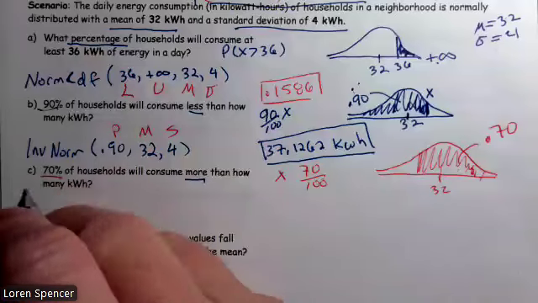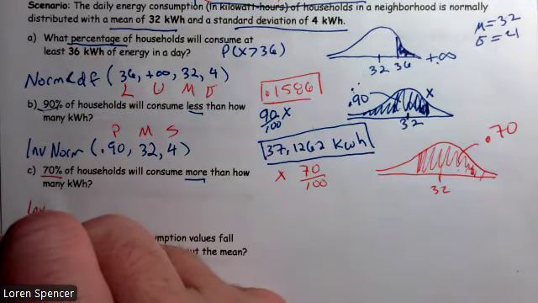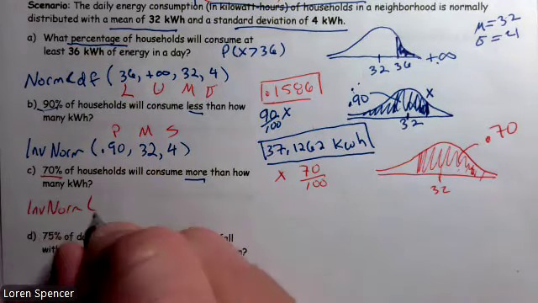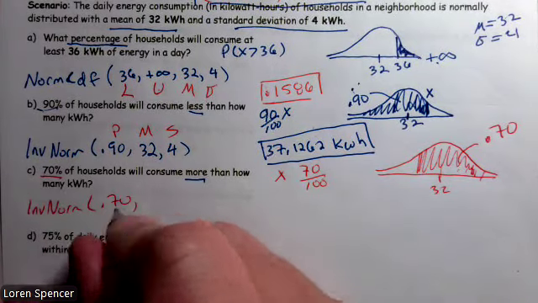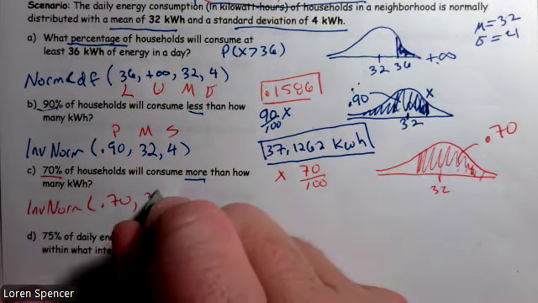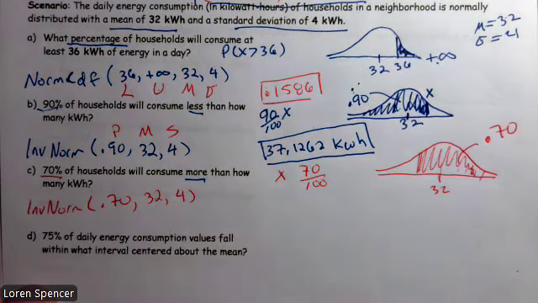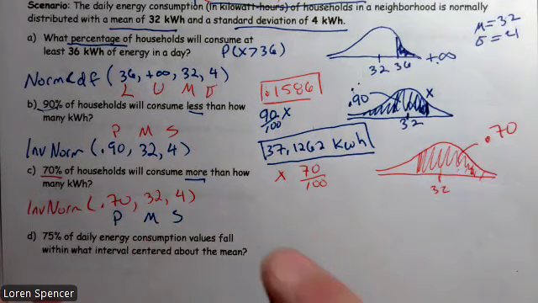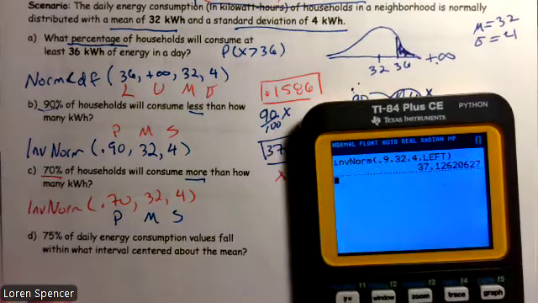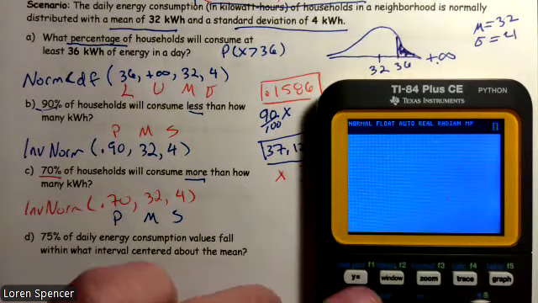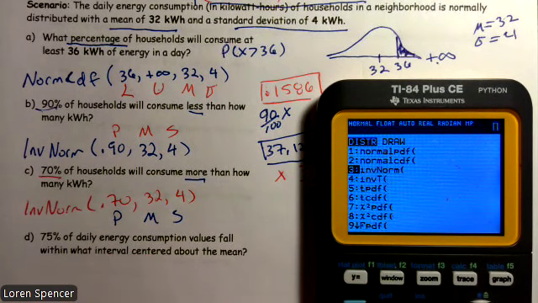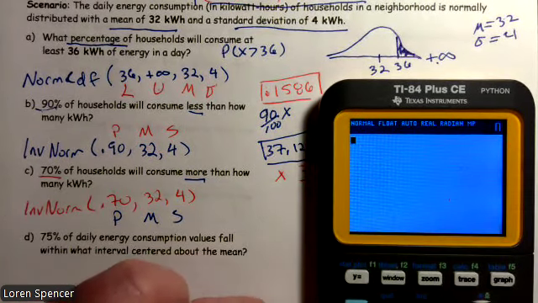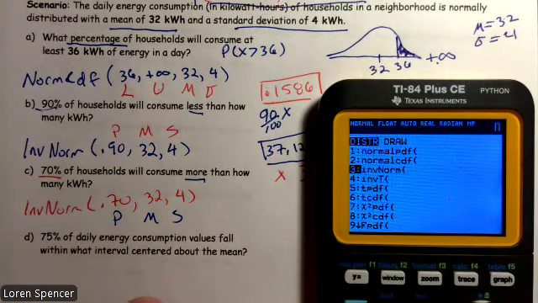Because they gave me a percent, I'm going to go to inverse norm. This is going to be 0.70, mean of 32, standard deviation of 4. So there's our PMS. So second vars, inverse norm.